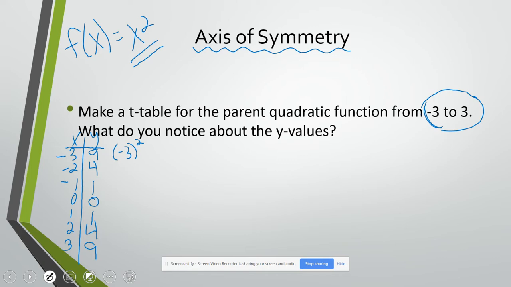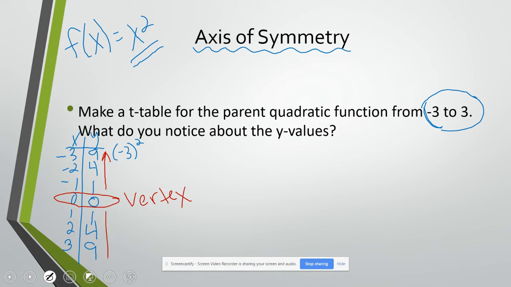So we're trying to figure out, do we notice a pattern on our y values? And I'm thinking, well, I know that 0, 0 is our vertex for our parent functions. And so if I look on the left side of my vertex, my numbers are 1, 4, 9.